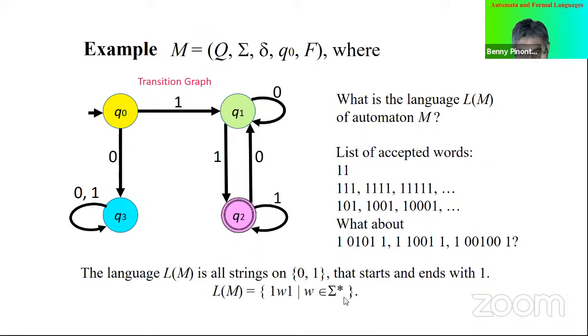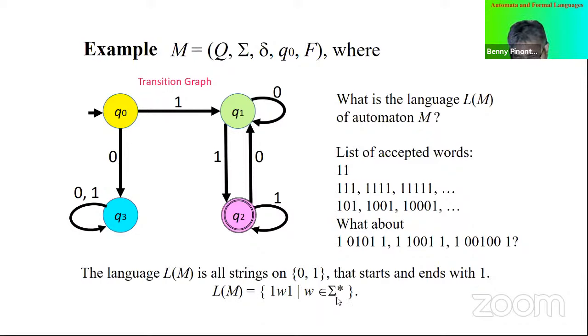Now formally, it is like this. That's why you need to look again at the set notation, especially a notation like this. Here is the formal notation for this language: 1W1, where W is an element of sigma star.